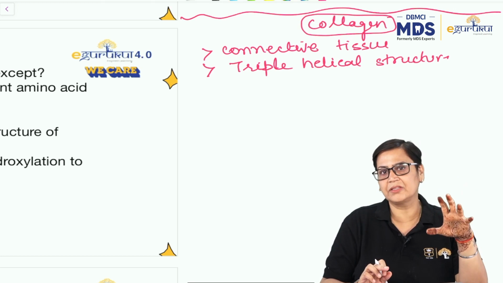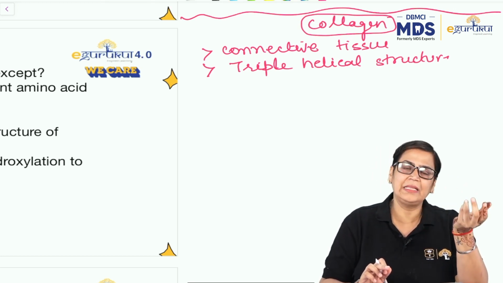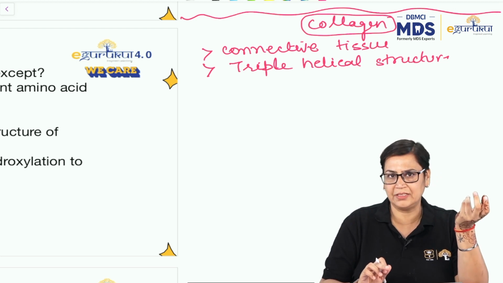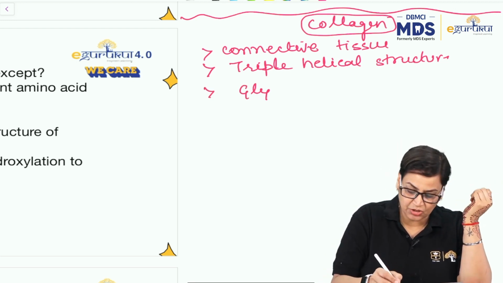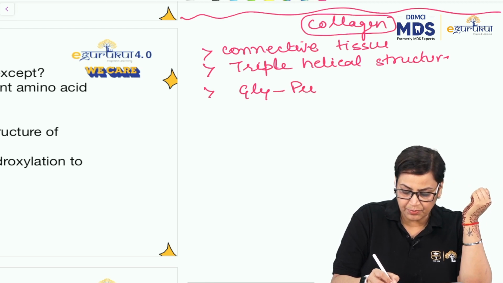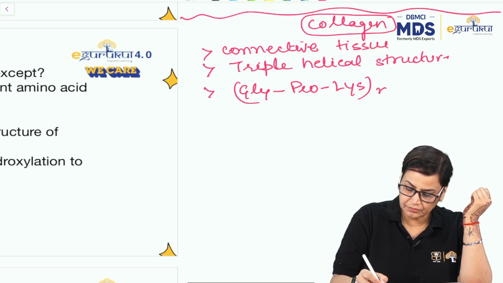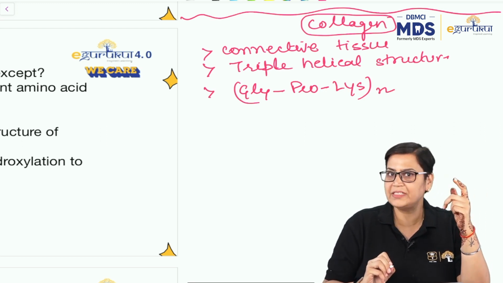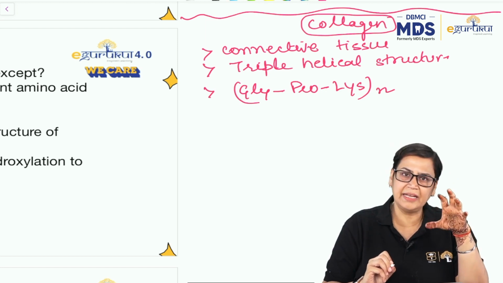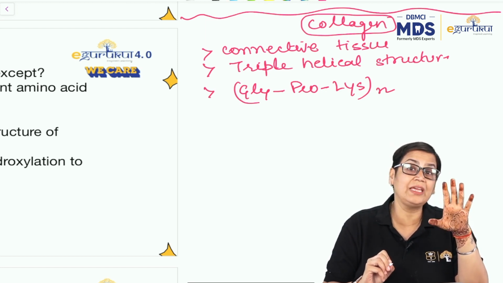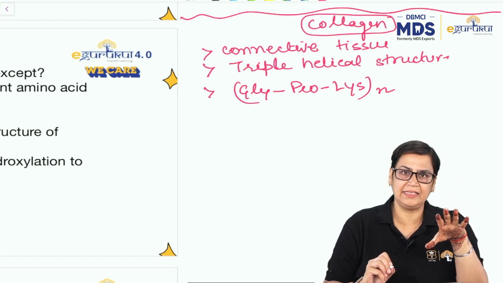Now, what are the 3 amino acids which are forming the entire structure of collagen? Glycine, it has repeats of glycine, proline and lysine. Always remember, collagen, which is the most abundant connective tissue, has 3 amino acids: glycine, proline and lysine.